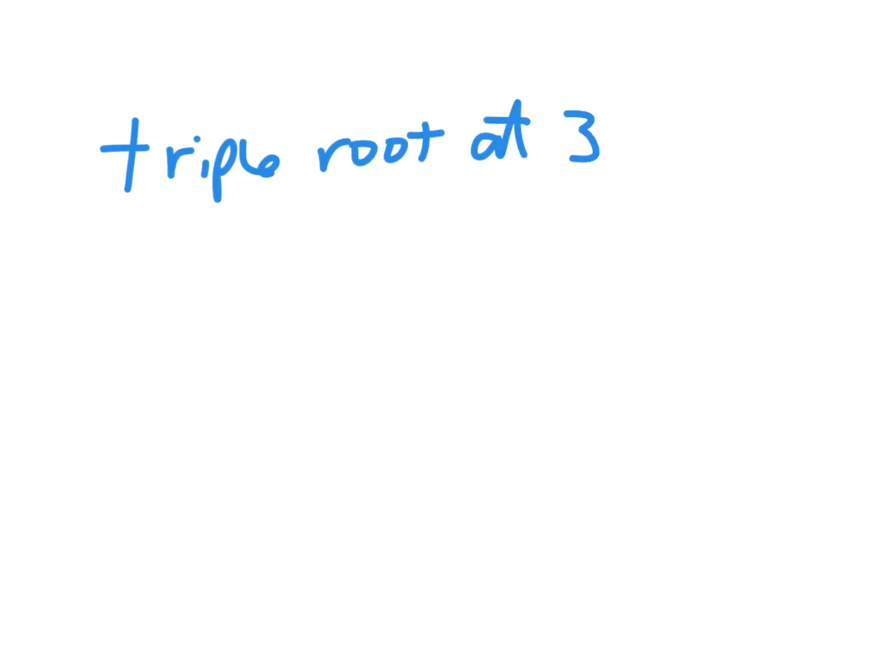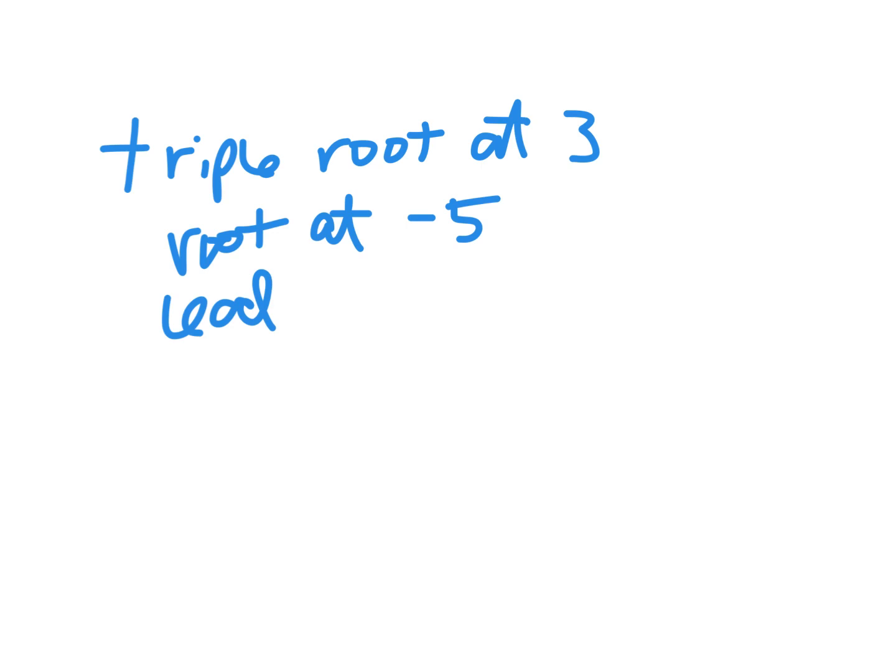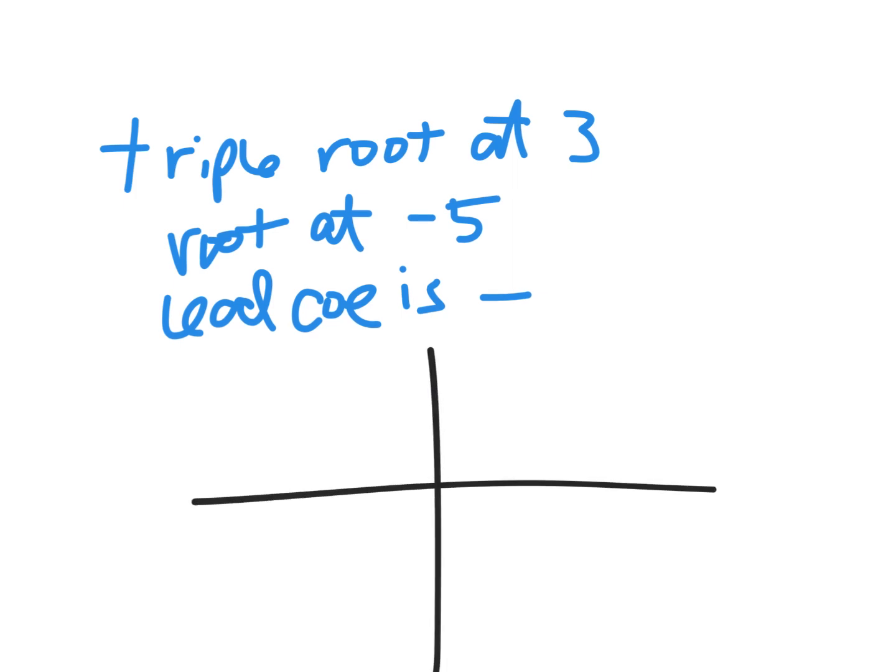I hope you know what that means. There's another root, which is the same as a 0, at -5. And the lead coefficient is negative. Make a sketch of that.